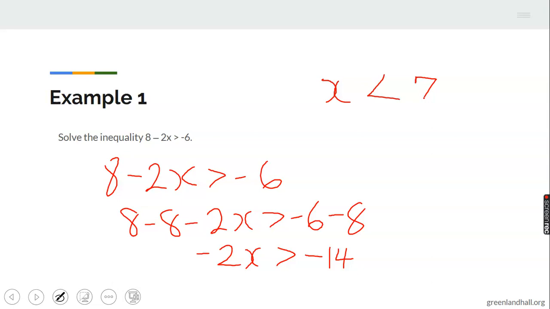Now insert 6 here. That will give us 8 minus 12, which gives us minus 4. Minus 4 is greater than minus 6. Then let's insert 5. That will be 10, so 8 minus 10. That is minus 2. Minus 2 is greater than minus 6. Do you see that? It's very, very true.